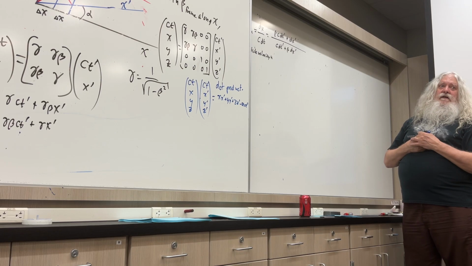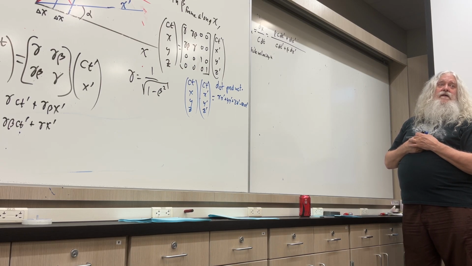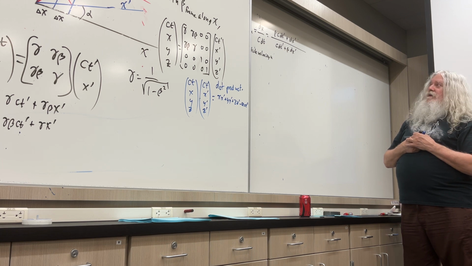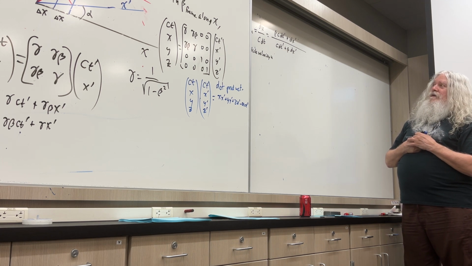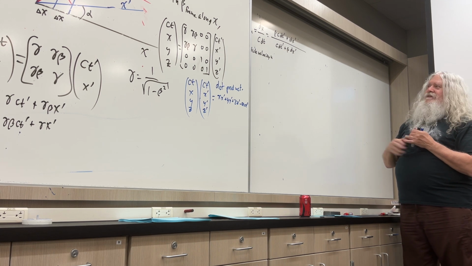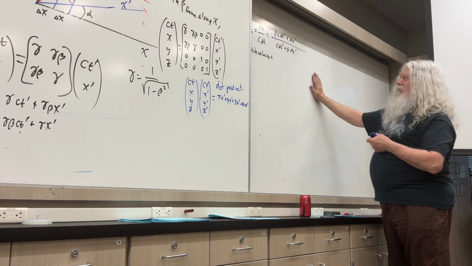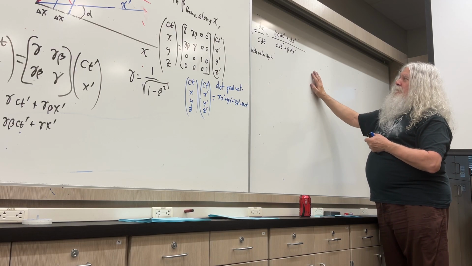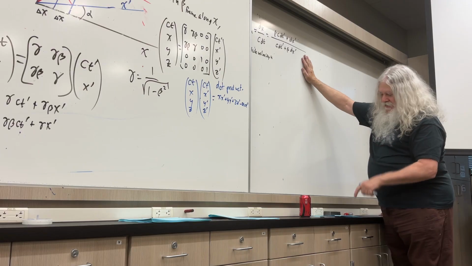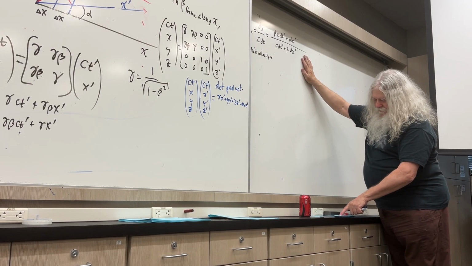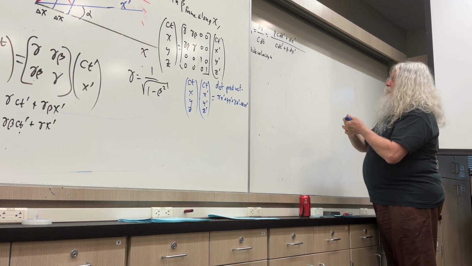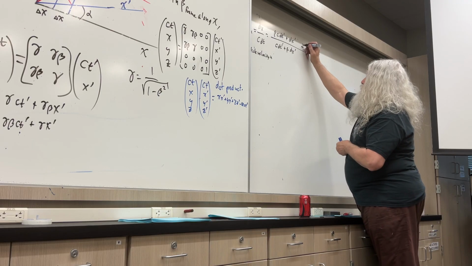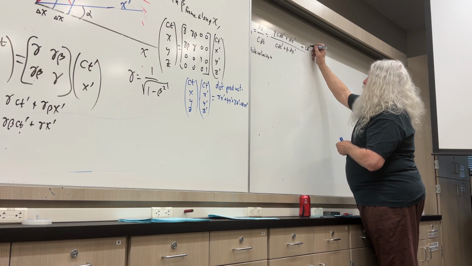Wait, everything is prime in this? I didn't realize because it was adding, I thought it would all divide out. Yeah, you've got gammas on top and bottom, they all go away. All right, and so now I said from there, we're now going to divide top and bottom by c dt prime.